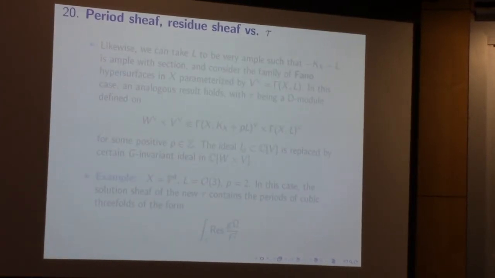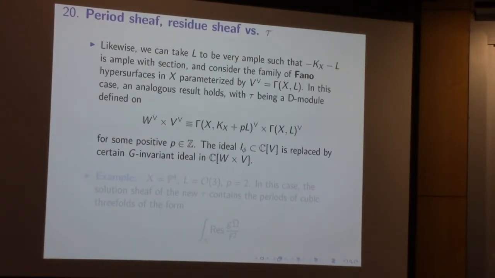Okay. And likewise, you can do it for Fano hypersurfaces. In this case, you have to do the opposite replacement. You can take a very ample line bundle L under the condition that this twisting is ample and with section. Then you can consider the corresponding Fano hypersurfaces parameterized by sections of L. In this case, you get a similar tautological system where the parameter space has to be replaced by this space, where the twisting now depends on which L you take.